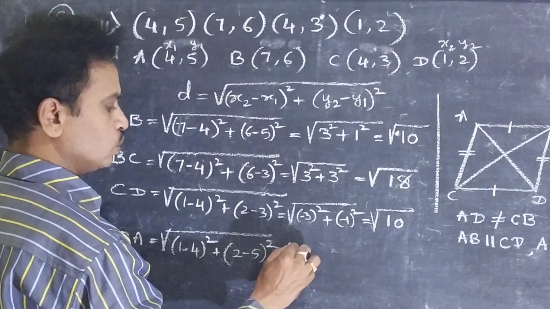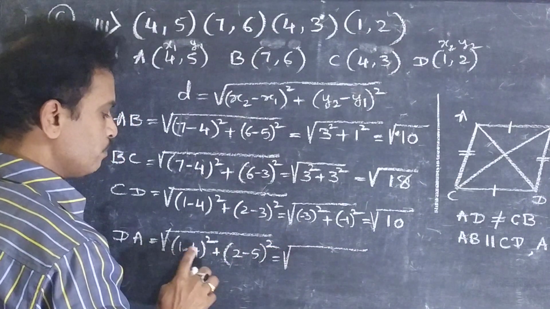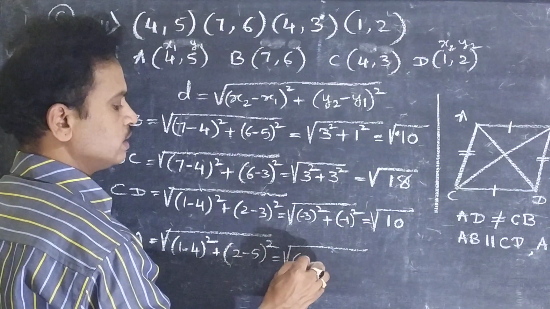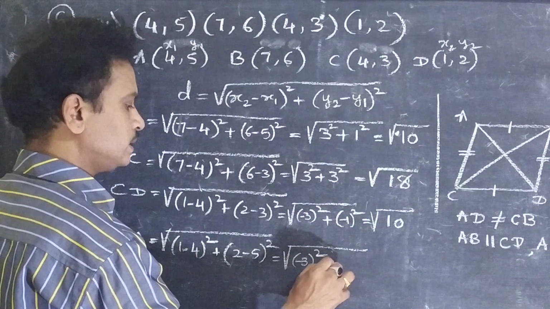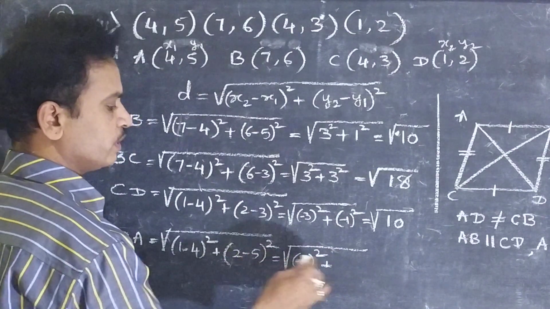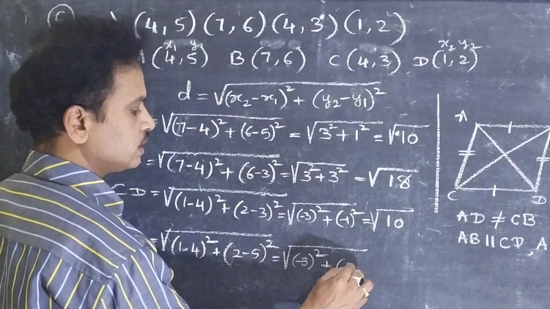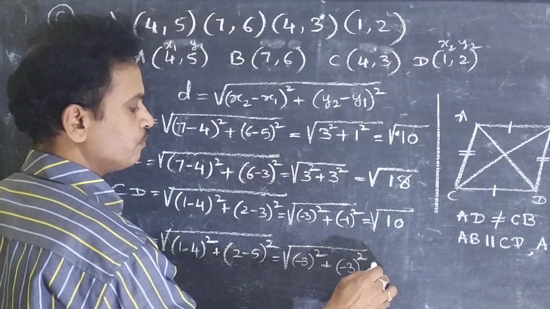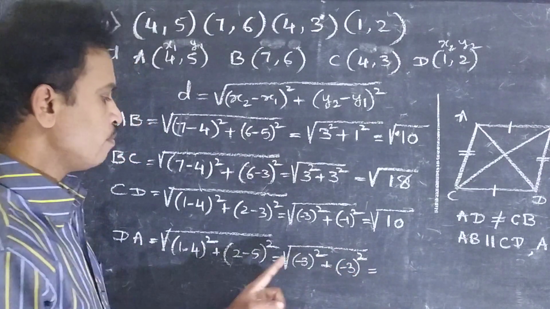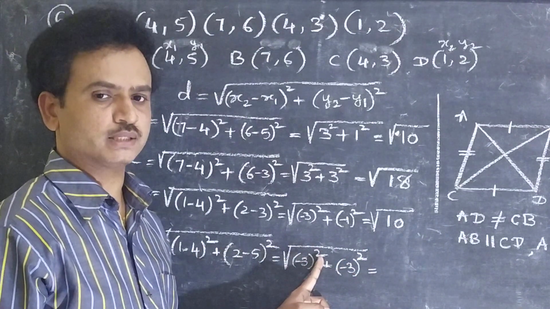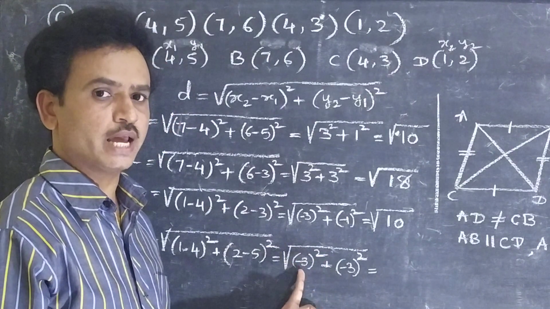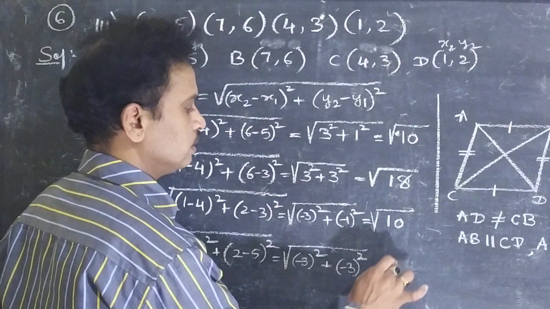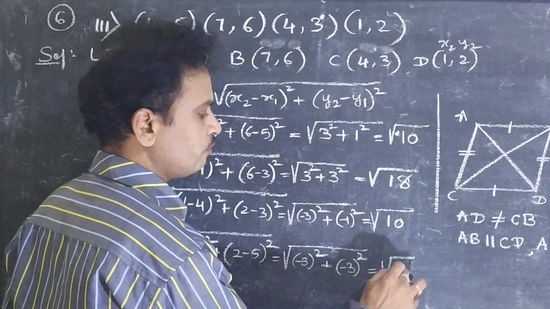Then 1 minus 4 is minus 3 whole square, plus 2 minus 5 is minus 3 whole square. Minus 3 whole square is plus 9, here also minus 3 whole square is plus 9. 9 plus 9 is 18. Square root of 18.